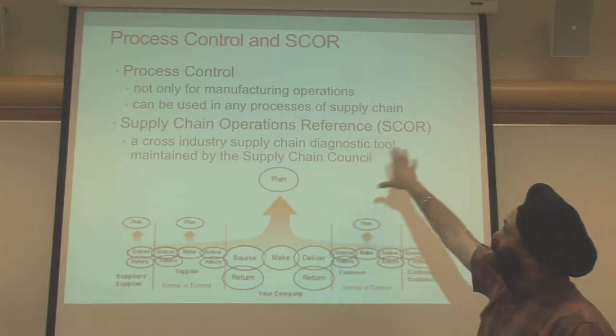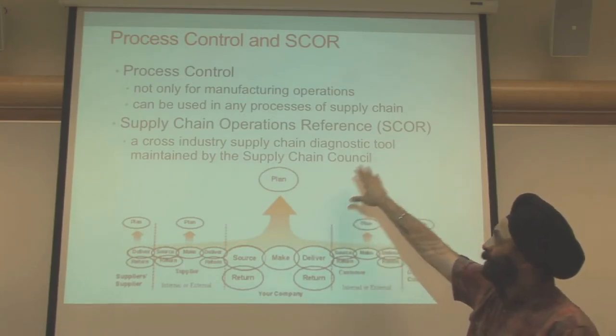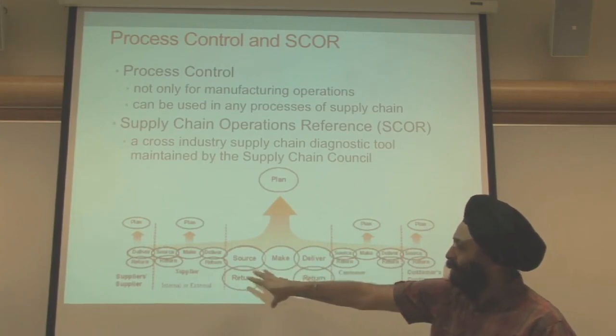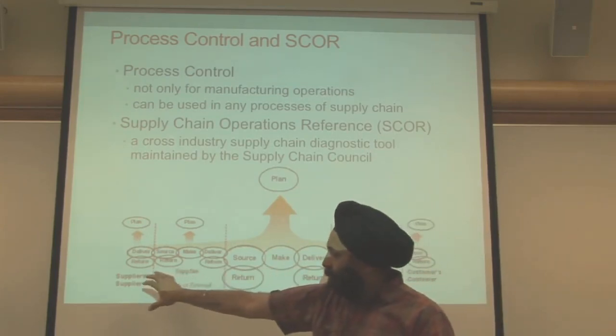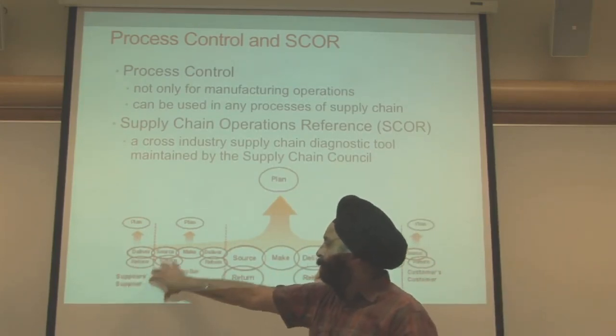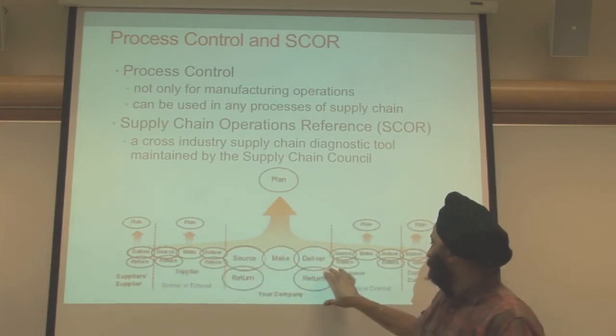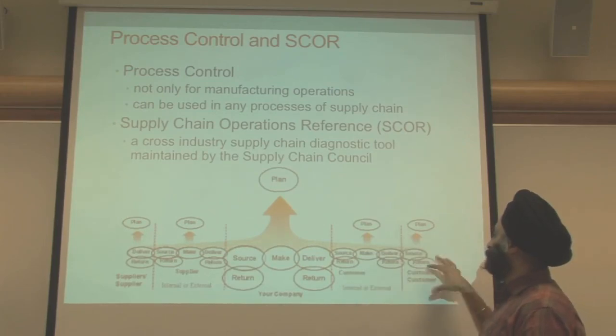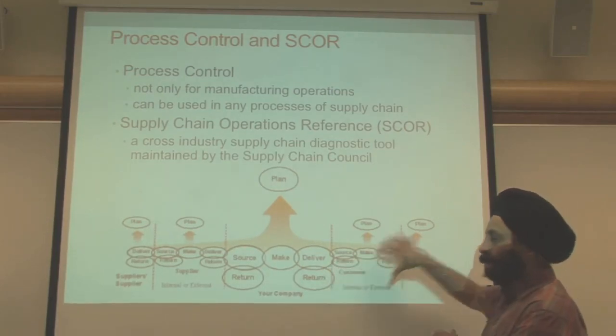Supply chain operations reference is a cross-industry supply chain diagnostic tool maintained by the Supply Chain Council. You can see it involves all the way from your supplier's supplier to your supplier to your company to your customer and your customer's customer. So the supply chain continues on.